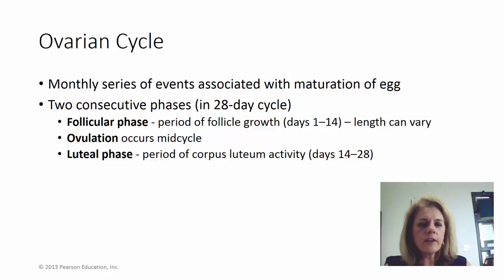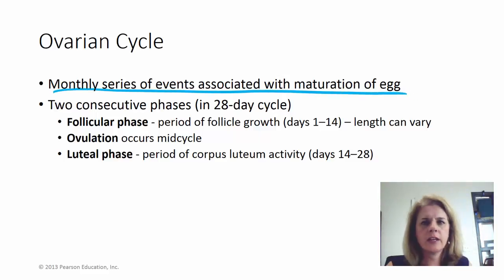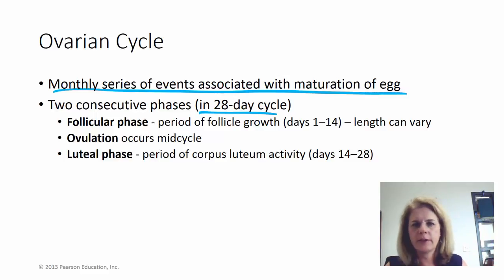So the ovarian cycle is the monthly series of events associated with maturing the egg. This is how the egg matures, and it happens in a 28-day cycle. Give or take, people have anywhere from 25 to 30-something day cycles, but the average is a 28-day cycle. You have the follicular phase, ovulation, and the luteal phase.